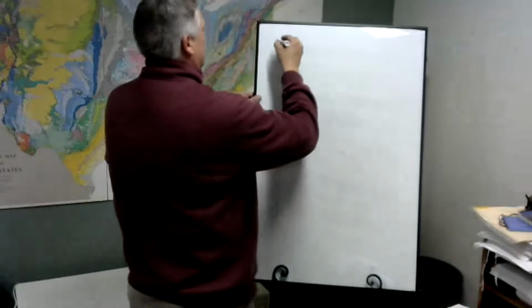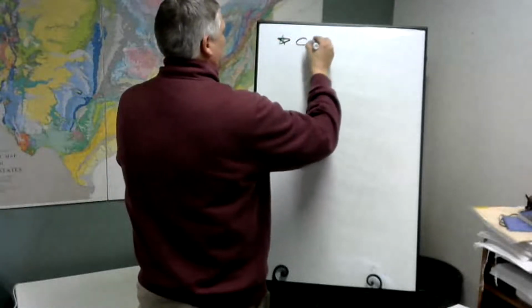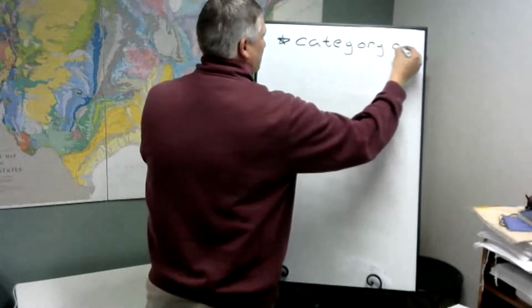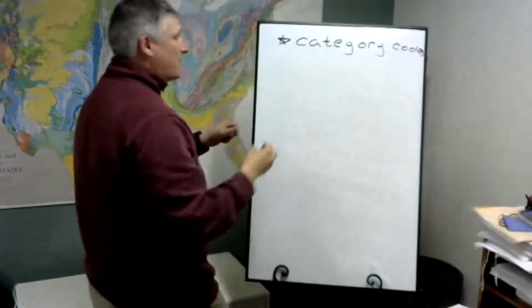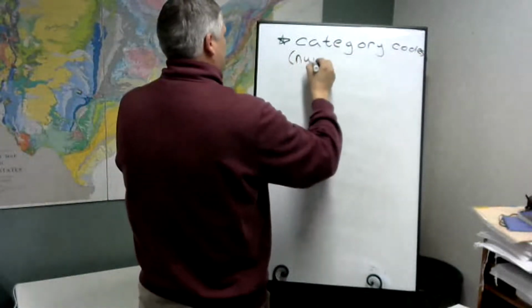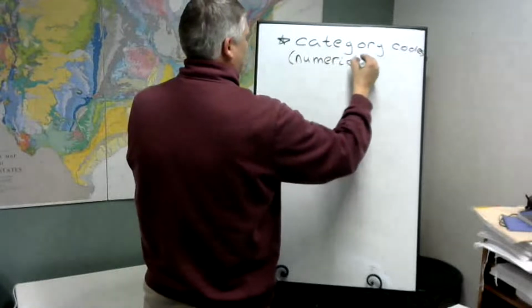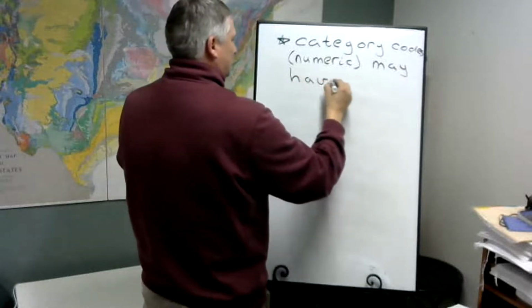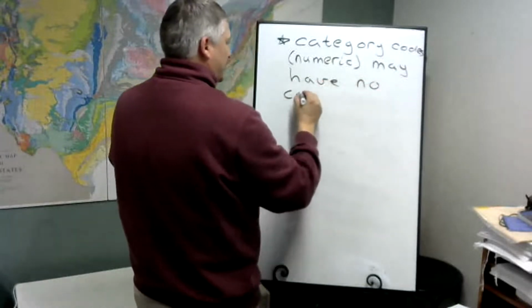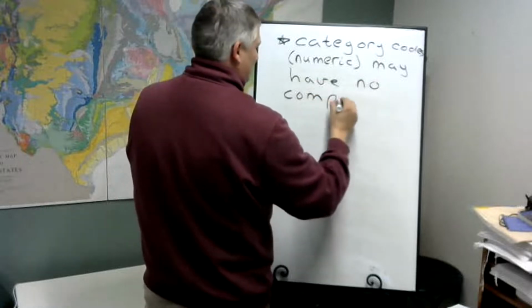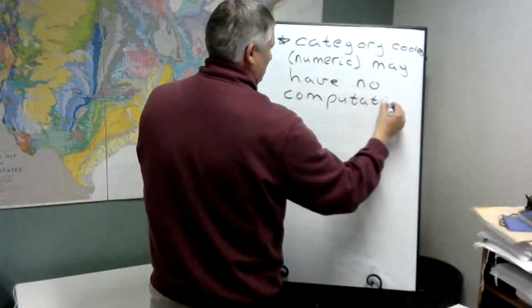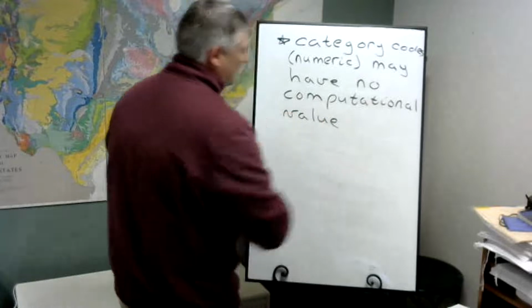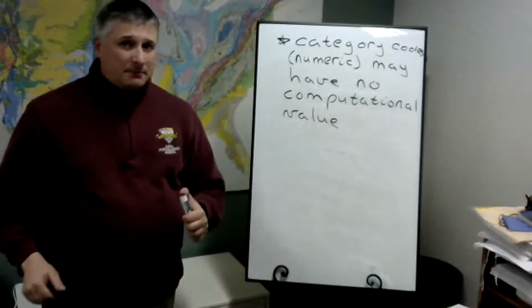So just to mention that, category codes, even numeric ones, may have no computational value. So something to keep in mind.